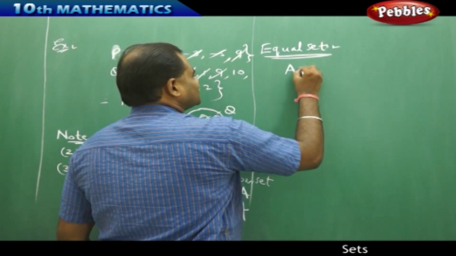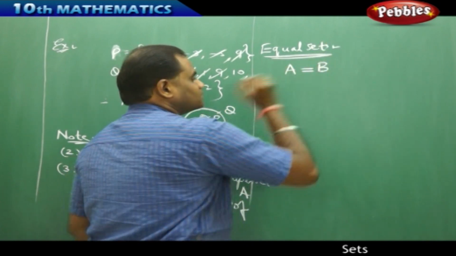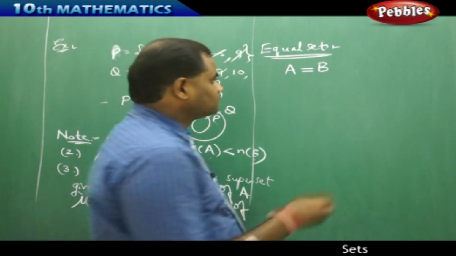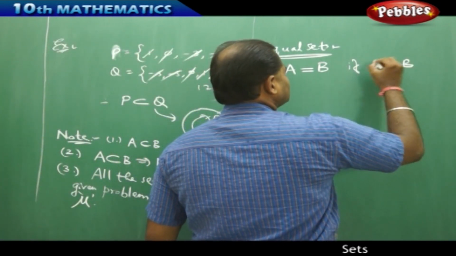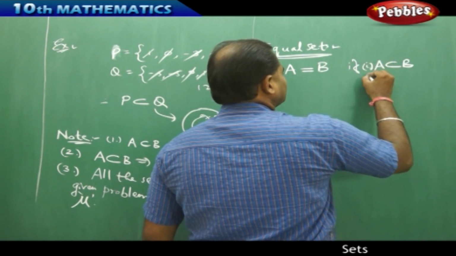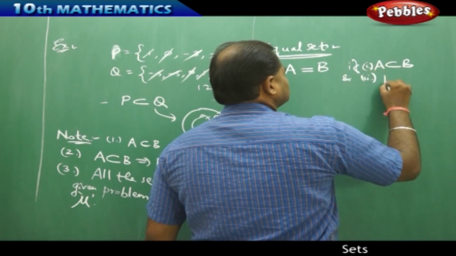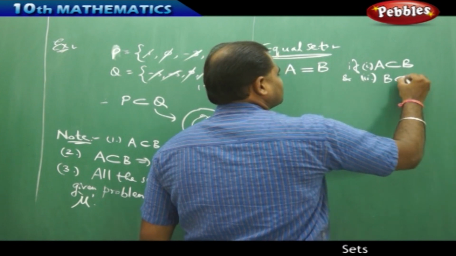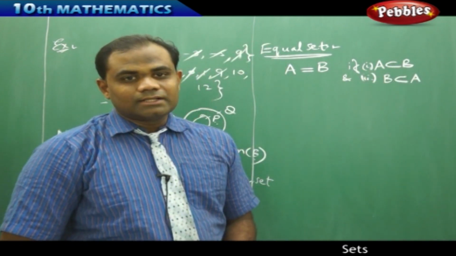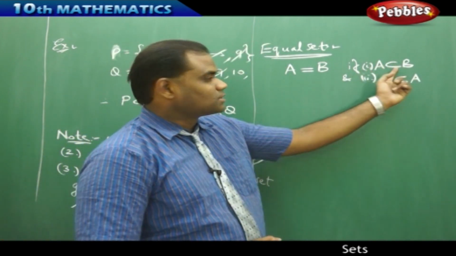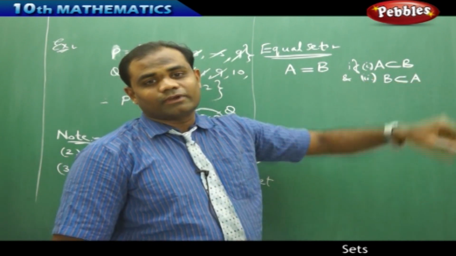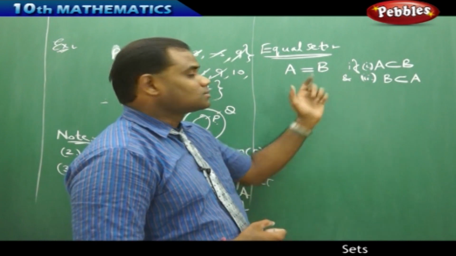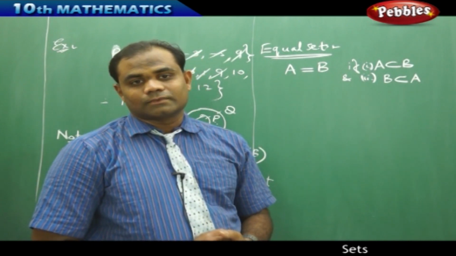Two sets are said to be equal, denoted with the equality sign, if A is a subset of B is the first property, and B is a subset of A. If A is a subset of B and at the same time B is a subset of A, then in that case the two sets are equal.